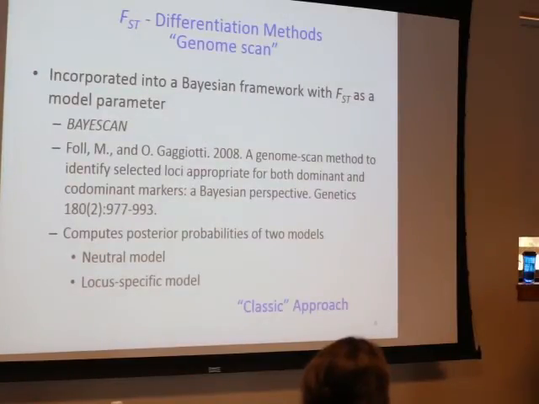It was kind of interesting. I hadn't thought of this as a classic approach, but then I heard Laura's talk a couple of weeks ago, and she said, oh yeah, we did this as a classic approach. I totally agree with her. This is the classic approach along with Lositan, and it's a very quick first pass, allowing you to see where your outliers are. You may have some false positives, but it's nice to start.